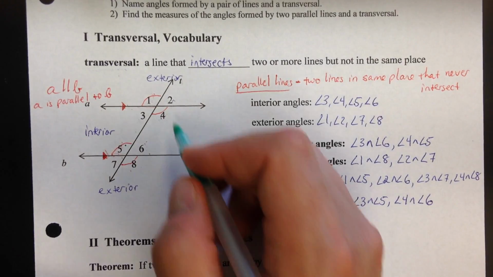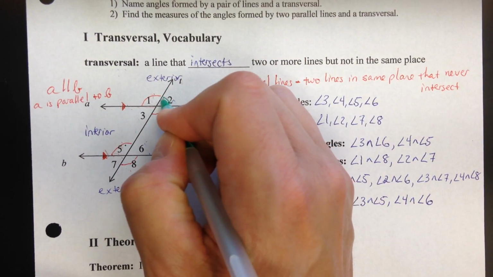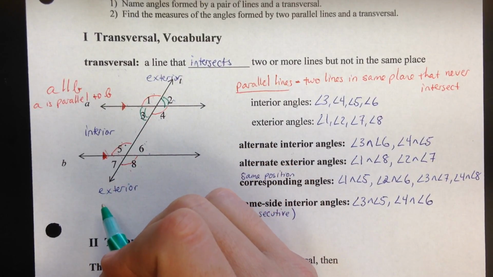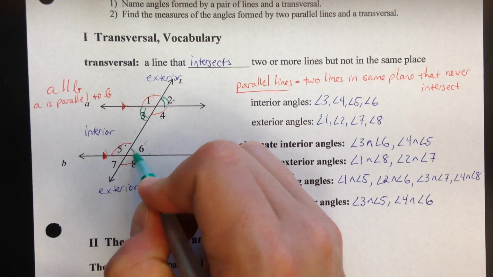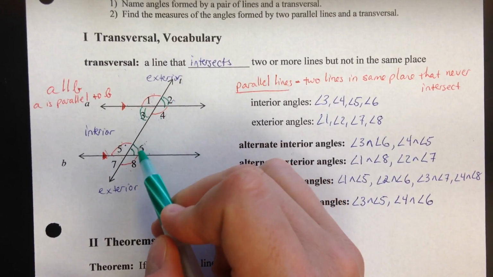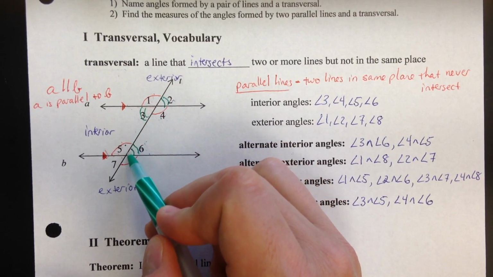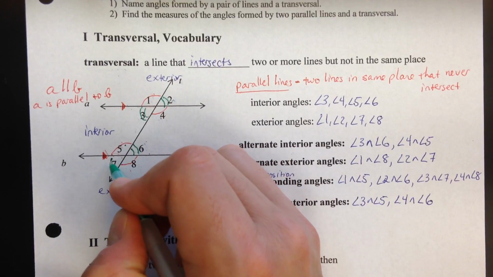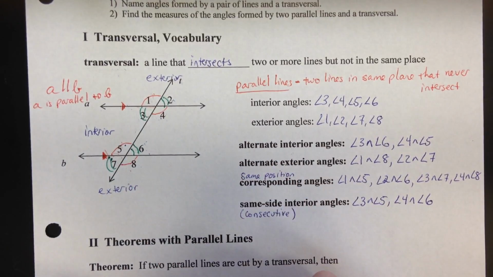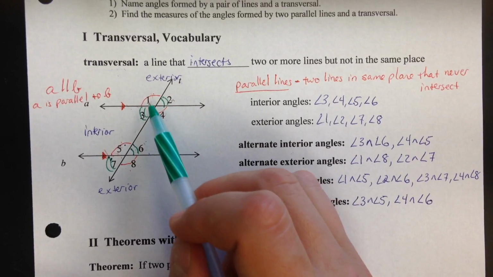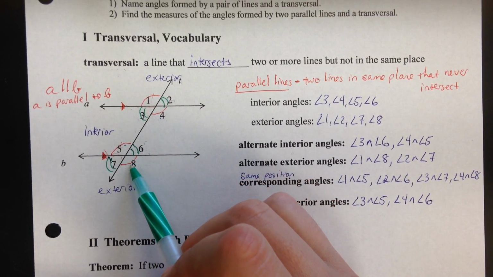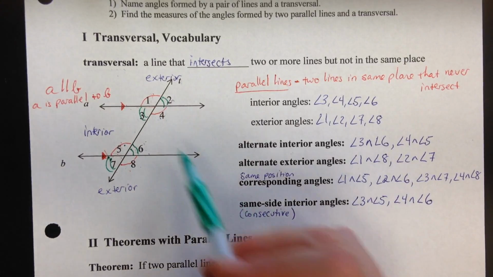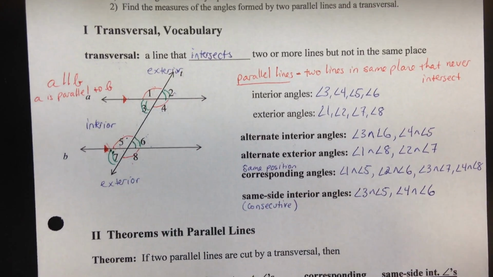Using the same reasoning, angle 2 and angle 3 are congruent, vertical angles. But angle 2 and angle 6, they're in the same position. They're corresponding when they get created by the transversal. They're the same. And then angle 6 and angle 7 are vertical angles. So four of the angles are congruent, and the other four are going to be congruent. This is when you have parallel lines cut by a transversal.